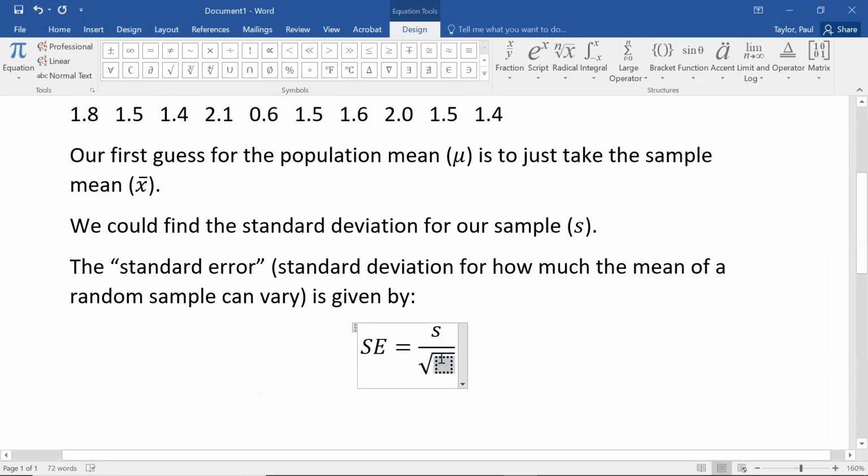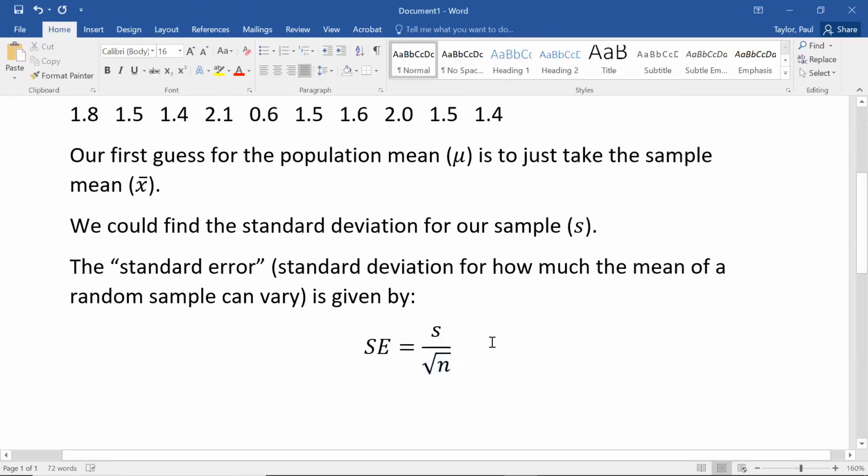That might sound familiar from the proportion section. We also had a square root of n in the denominator for the standard deviation back in our first stat chapter. The numerator had a square root of p times 1 minus p. This time, the numerator is just the sample standard deviation.